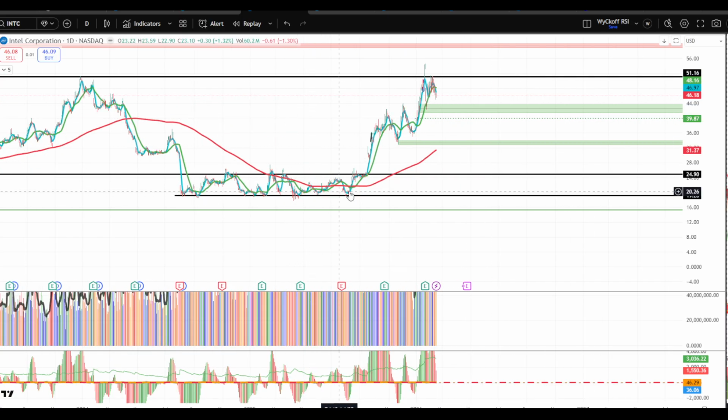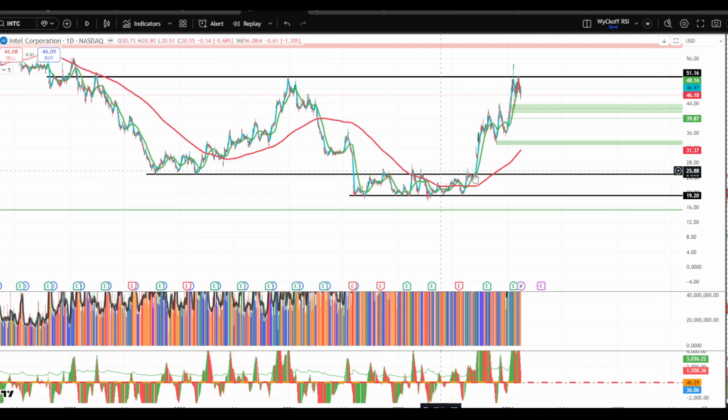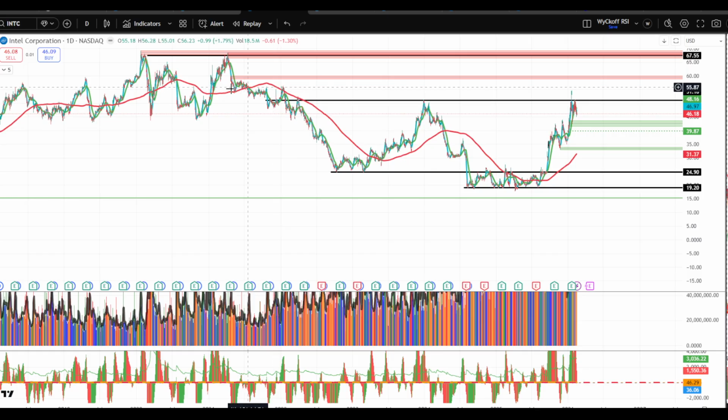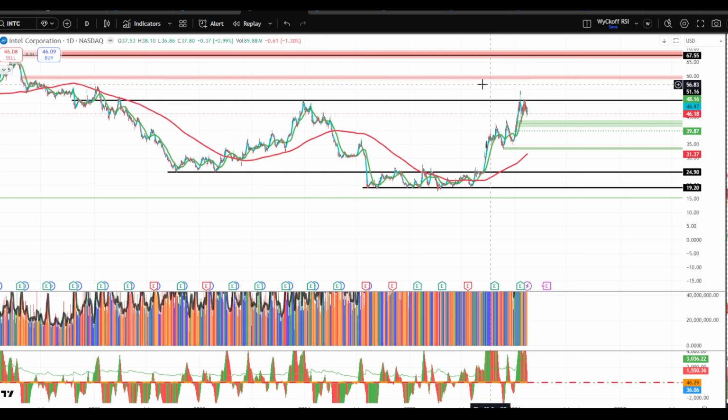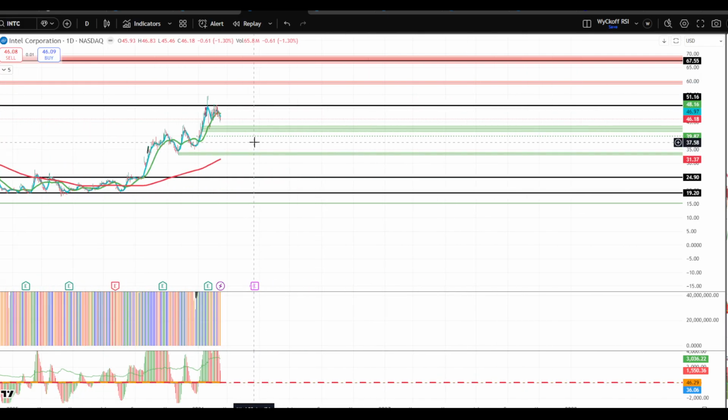And so it got above the 200, broke back into the previous support, and made its way up to the most recent high, which is $50, but failed to break out. And so that's where the stock is at the present moment.